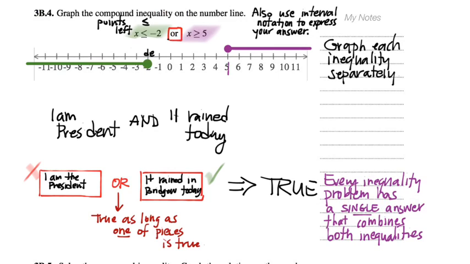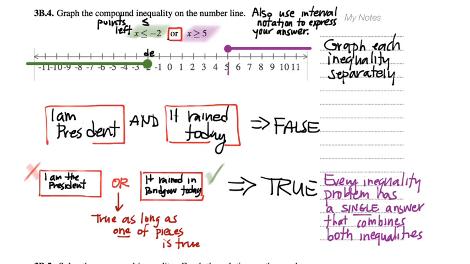And in that case, we do need every one of the pieces to be true in order to make the compound statement true. So this is kind of a logical digression, right? This doesn't really have to do with math, but it will in a second. So an "and" is only true if all pieces are true.